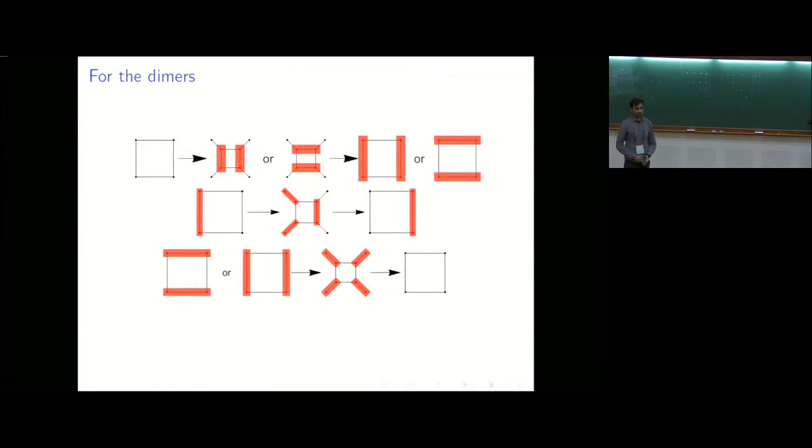Okay. The next thing that we should look at is what happens to the original dimer configuration. If we started off with a case where we had no dimers around the square, this would change to having either this configuration or two horizontal configurations on the body of the spider.